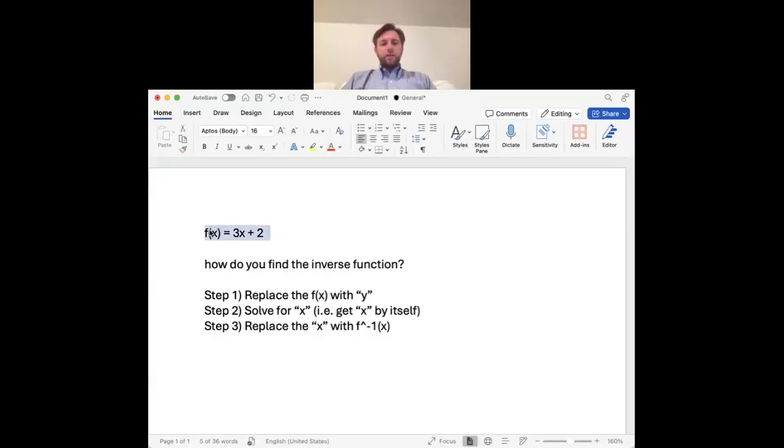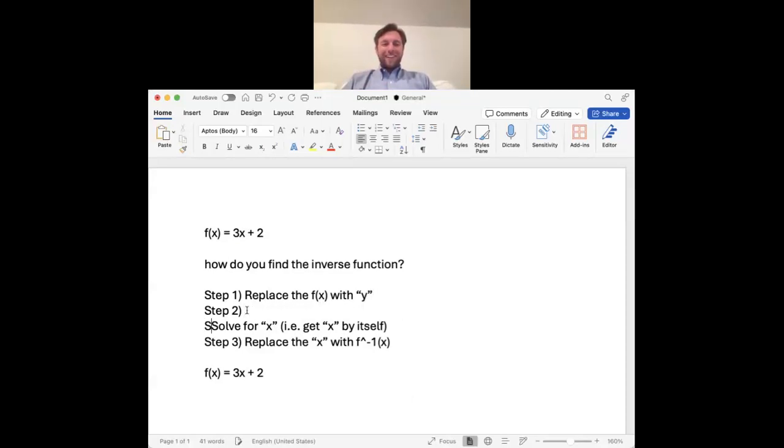So let's see how we do that here. f of x equals 3x plus 2. Oh, whoops, I'm sorry, I forgot a step. Remember, the domain and the range of an inverse function are switched. So I forgot to do that.